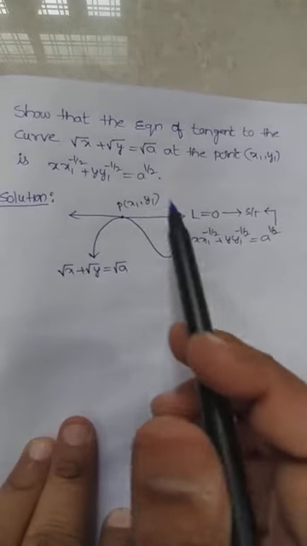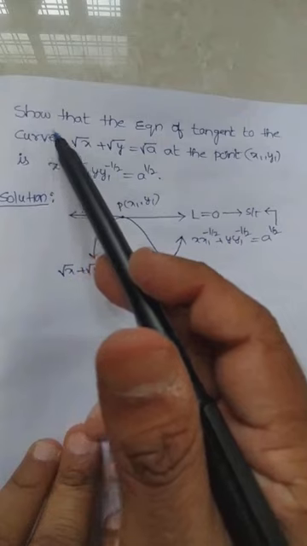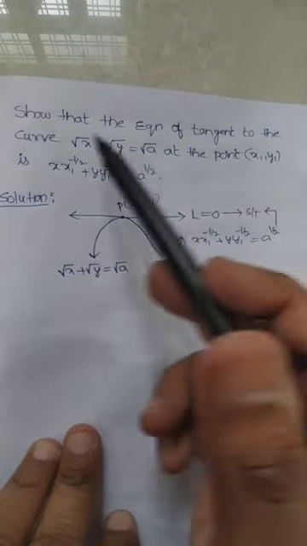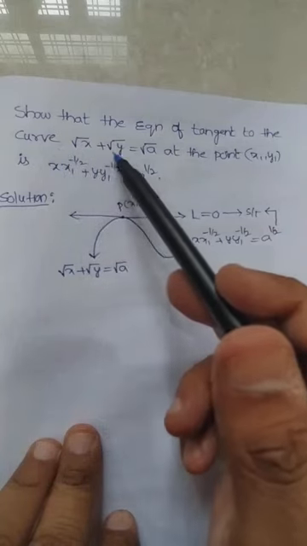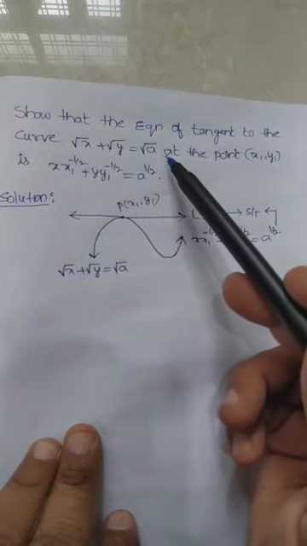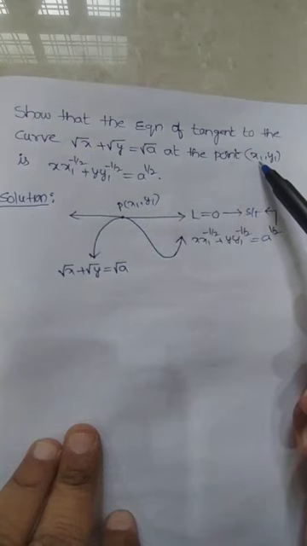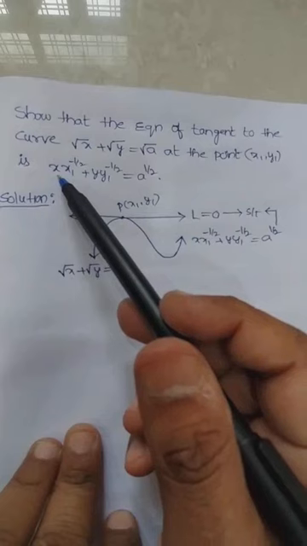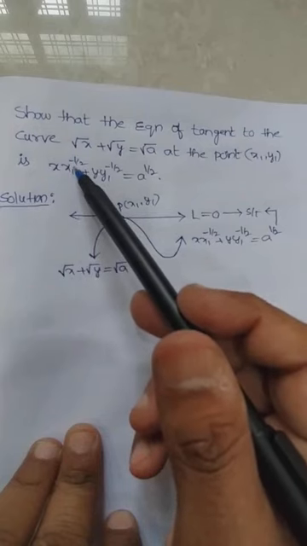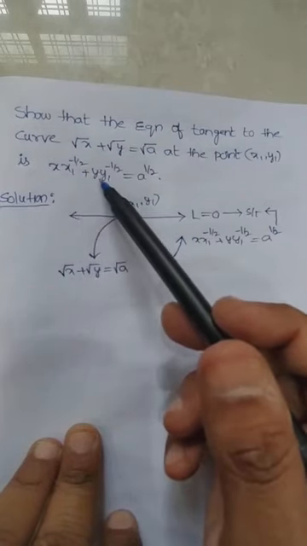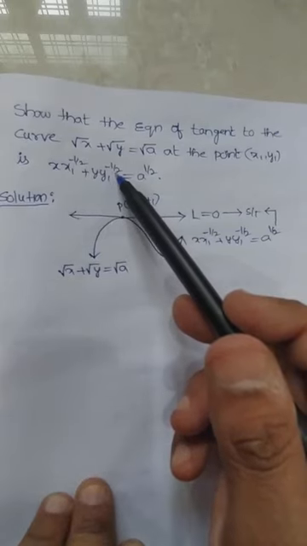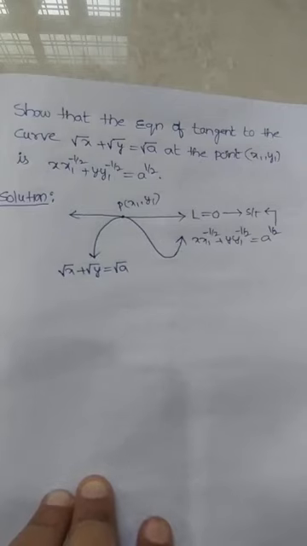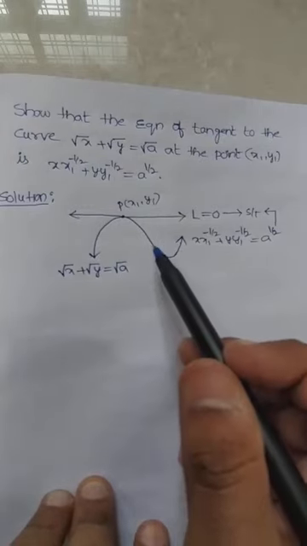Now let us observe this problem. Show that the equation of the tangent to the curve root x plus root y is equal to root a at the point x1 comma y1 is x into x1 whole power minus 1 by 2 plus y into y1 whole power minus 1 by 2 is equal to a power 1 by 2. We need to show that. So let us observe this problem with this diagram.